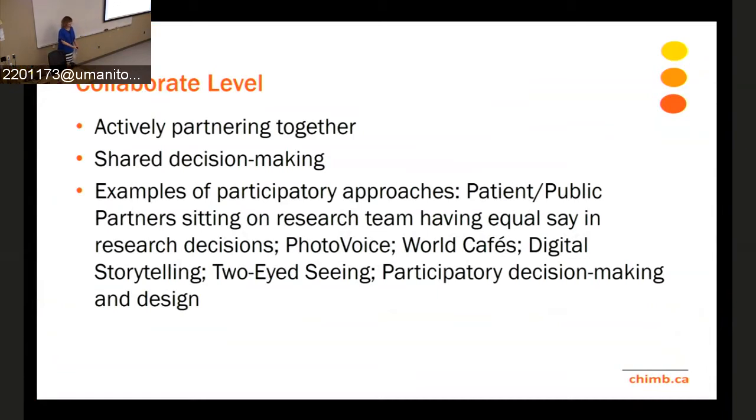A lot of times I might hear something like, from health researchers, we have patient and public partners on our research team. They don't say much and we all agree on the same things. Then there might be an issue, and then we start digging, and so we talk about: have we made sure that we've had a safety conversation so that everybody's feeling comfortable?